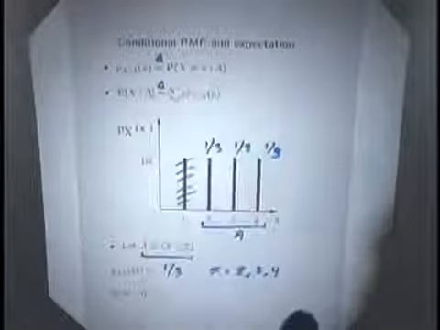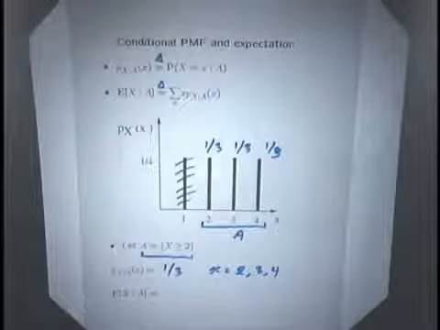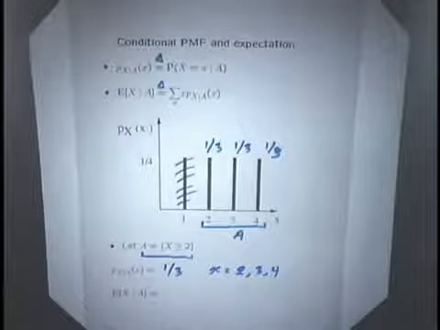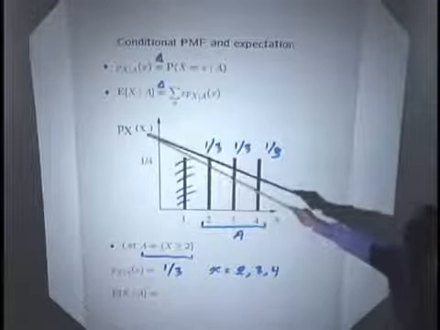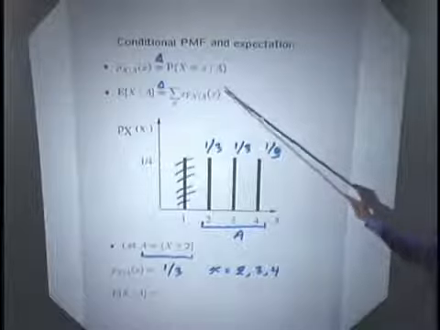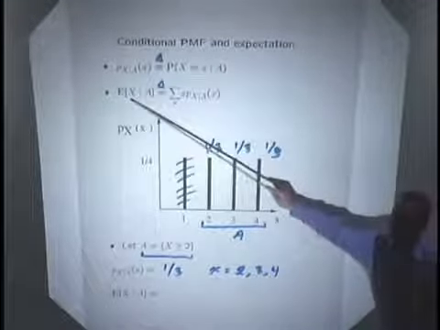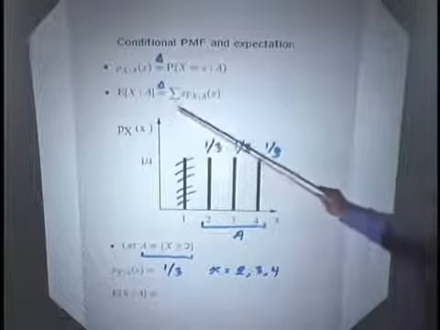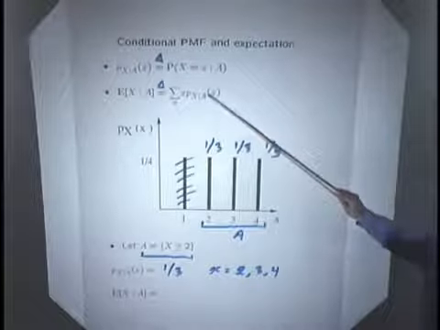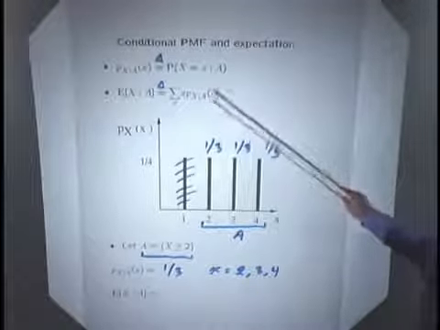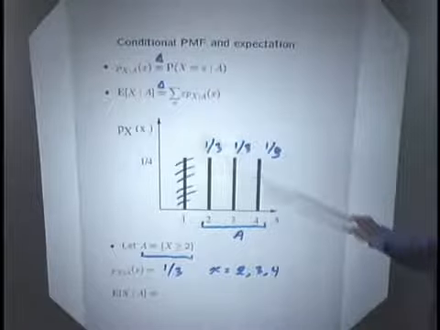The conditional expectation is nothing but an ordinary expectation, except that you don't use the original PMF, you use the conditional PMF. You use the conditional probabilities. It's just an ordinary expectation, but applied to the new model that we have, to the conditional universe, where we are told that a certain event has occurred.